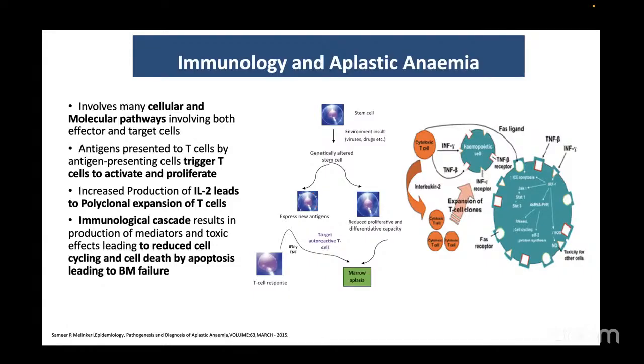So it involves cellular as well as molecular pathways, and T cells play a central role, being activated by antigen presenting cells. Because of the increased availability of interleukin 2, there is a vast expansion of autotoxic T cells, leading to the eventual death of the hematopoietic stem cell. That is why it was corroborated to use immunosuppressive therapy in the aplastic anemia category.